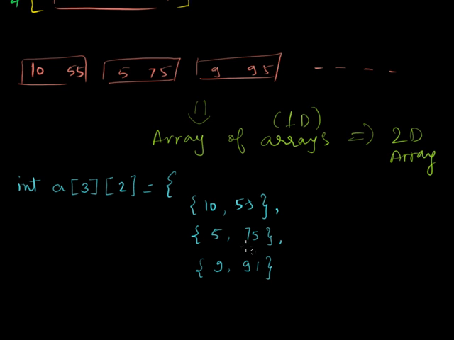Okay, so we have our 3 rows complete, then a closing brace, then a semicolon. So this is how you declare and initialize arrays. Now one thing I want to tell you is that this dimension is optional while declaring and initializing.